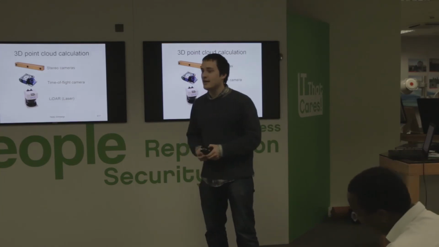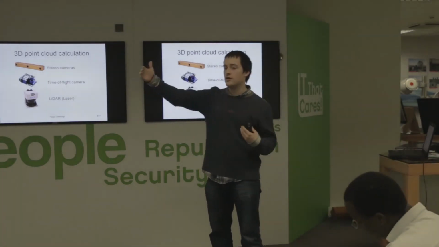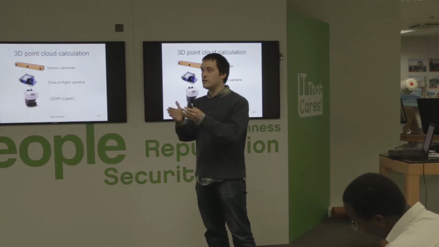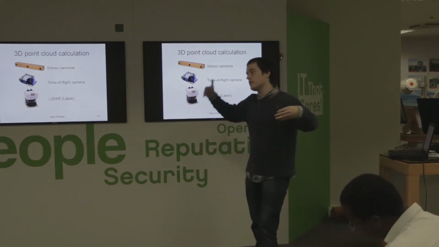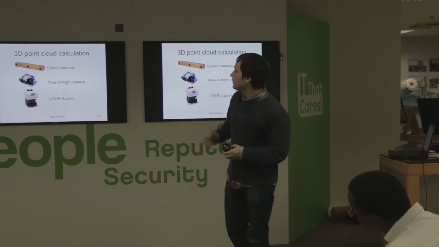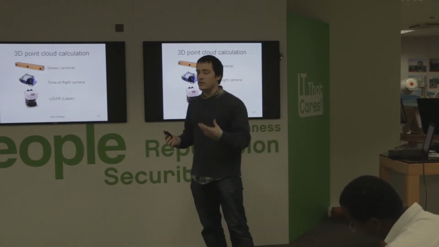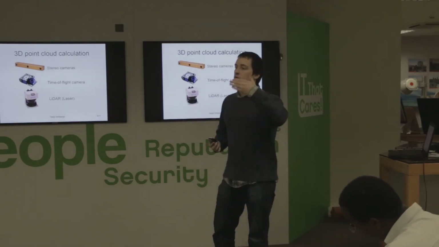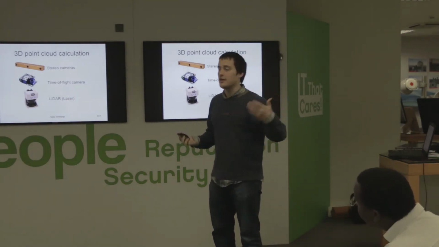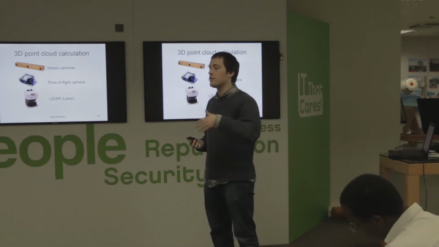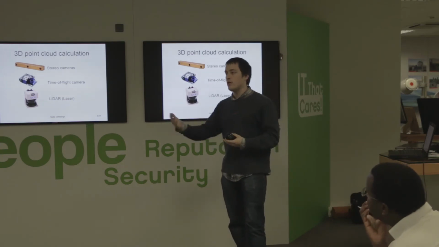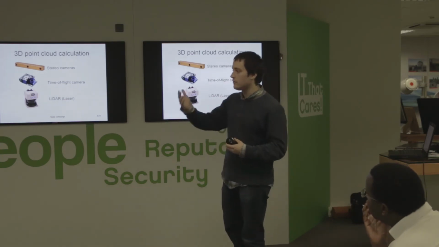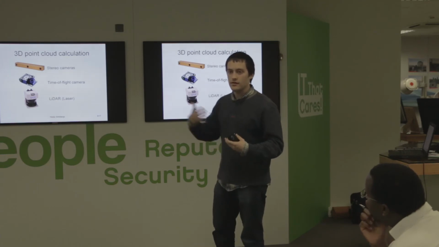And it can see far away, because it depends only on the distance between the cameras. The larger the baseline, the further you can see. The second one is, for example, a time of flight camera. It emits infrared light in a sinusoidal pattern. It reflects, it sees how far the light has flown, and you can calculate the distance to objects.